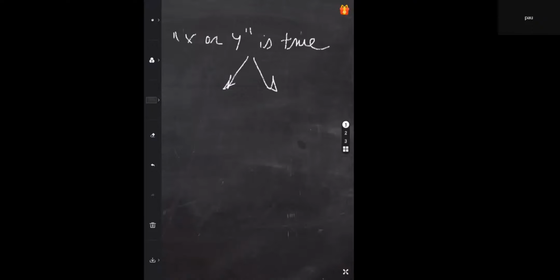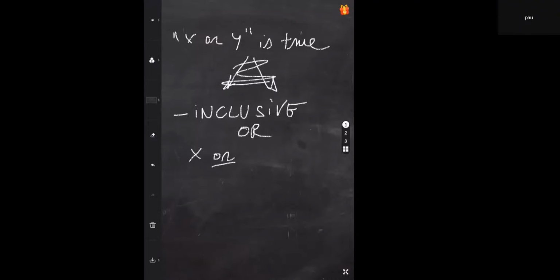If you consider an inclusive or, then X or Y is true, or both.